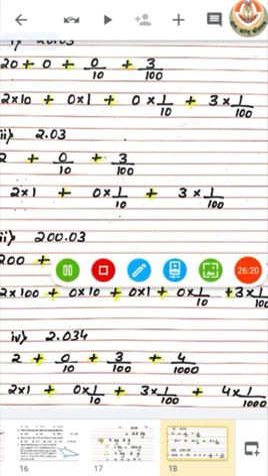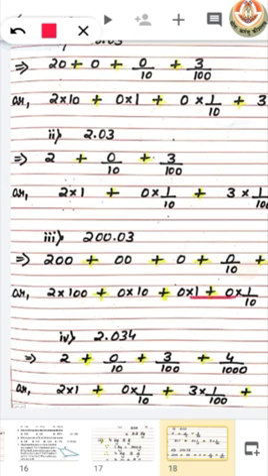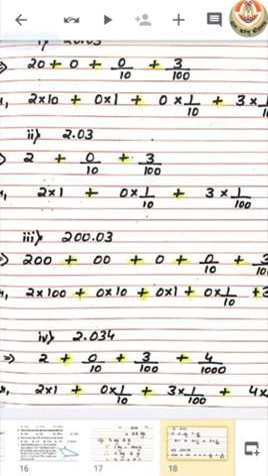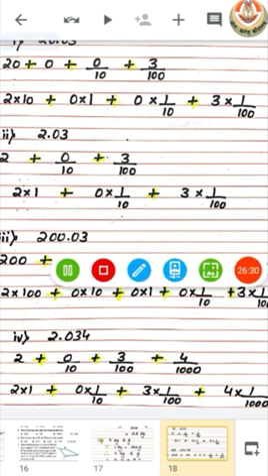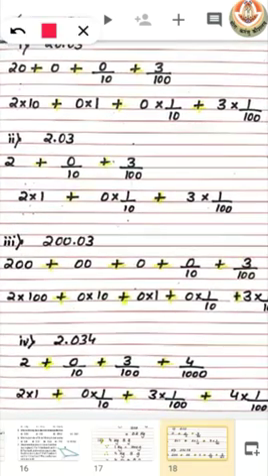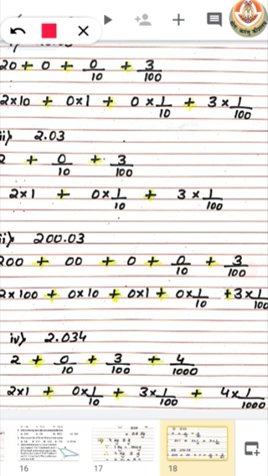Now let's see the fourth part. Here we have 2.034. So we know that 2 is in ones place. So for this we multiply 2 by 1. Now after the decimal we have 0 which is in tenths place. So for this we multiply 0 by 1 upon 10.